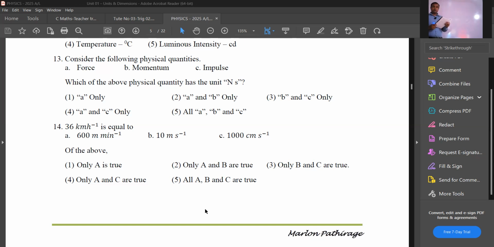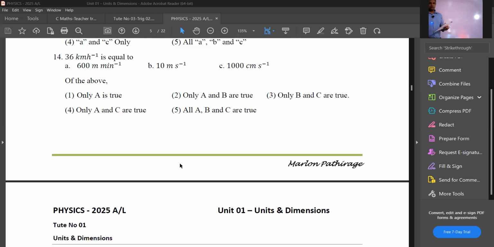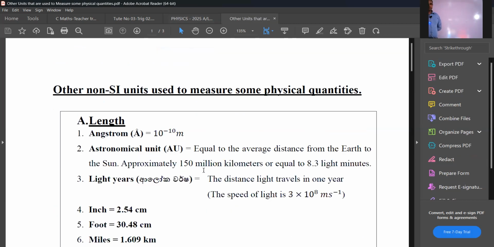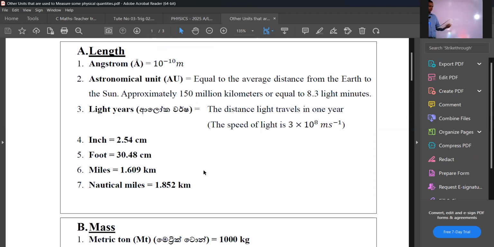Which cannot be used to measure pressure?